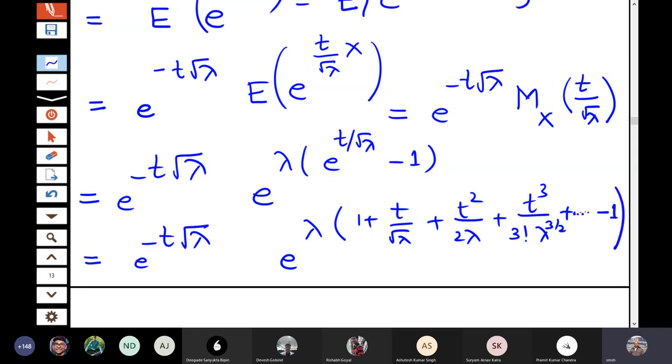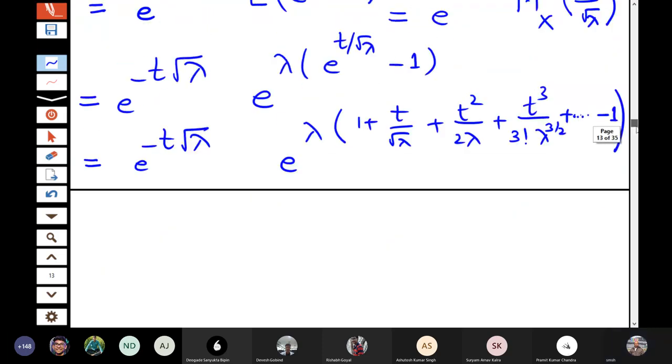Now you look at the terms here: the 1 gets cancelled out, then you get lambda times t by root lambda, so it becomes t root lambda, and this is minus t root lambda, that also gets cancelled out. So you are left with e to the power t square by 2 plus terms with 1 by lambda to the power half, plus some terms.